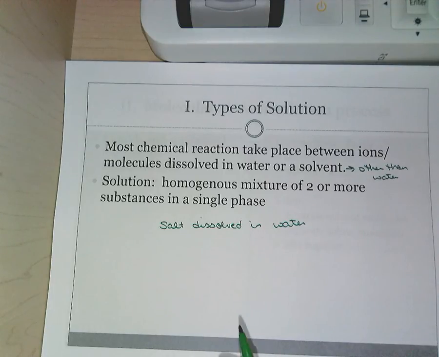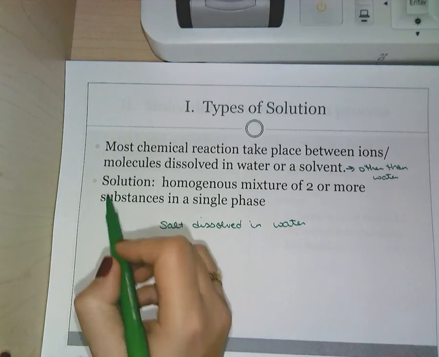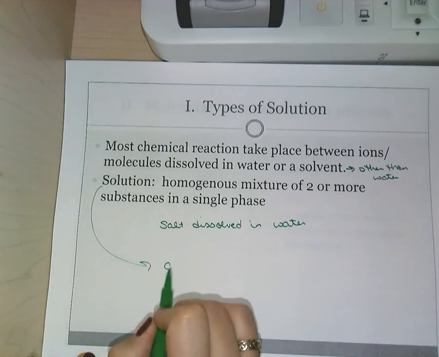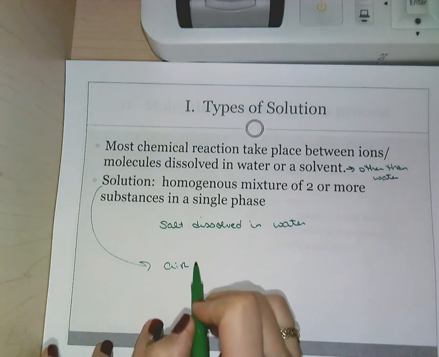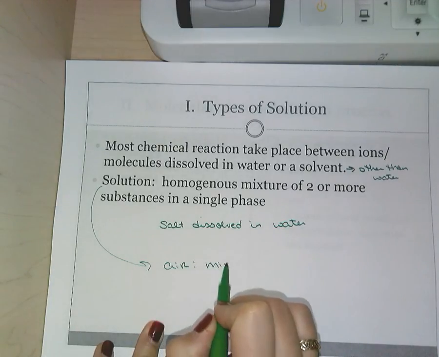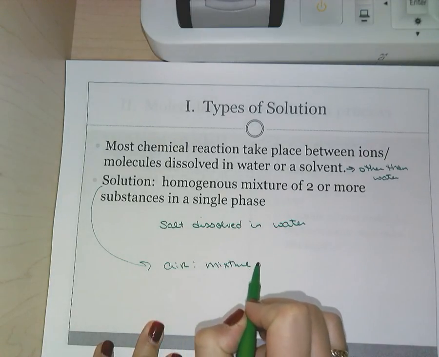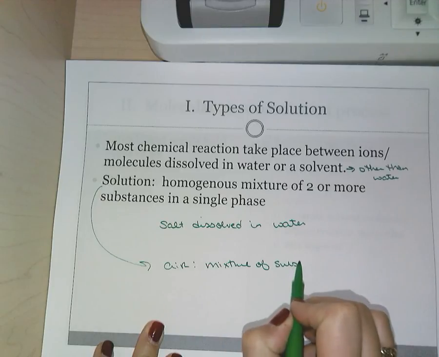You could talk about, we don't usually talk about it in this way, but air is a solution of a variety of other gases all mixed together into one big gas. We don't usually call air a solution, but it is a mixture of substances.